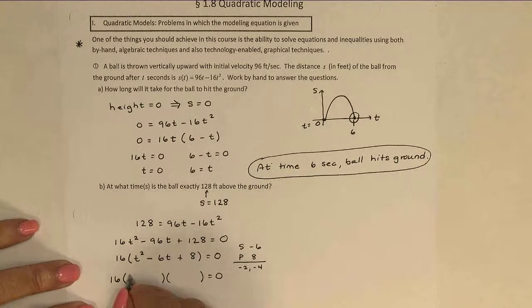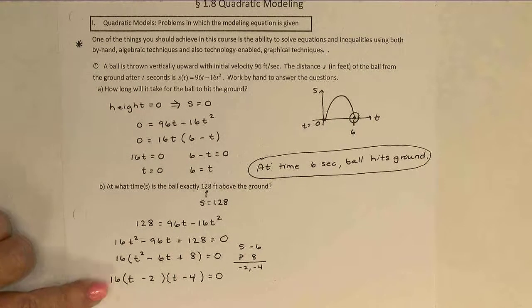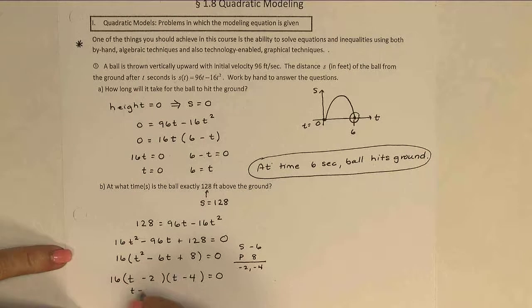So my t squared becomes t times t, and then I've got the -2 and the -4. So let's see, the 16 is never equal to 0. I don't really have to worry about that. I would have t minus 2 equals 0 or t minus 4 equals 0, giving me t equals 2 and t equals 4.